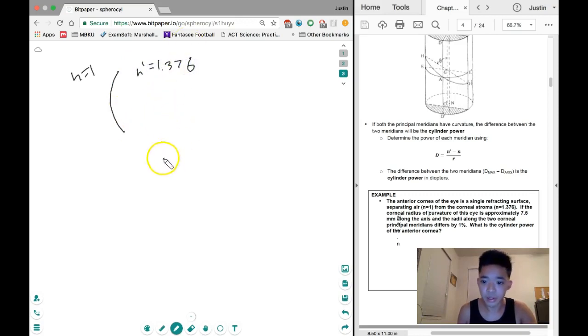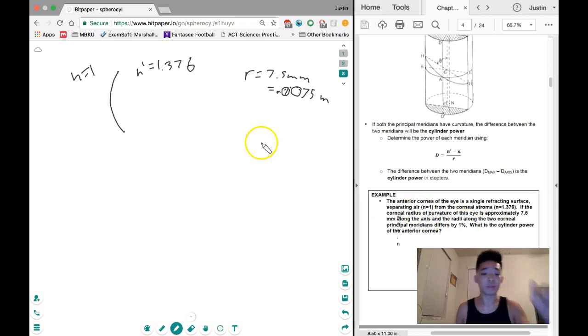If the corneal radius of curvature of this eye is approximately 7.5 millimeters, which is 0.0075 meters along the axis, and the radii along the two corneal principal meridians differ by 1%.